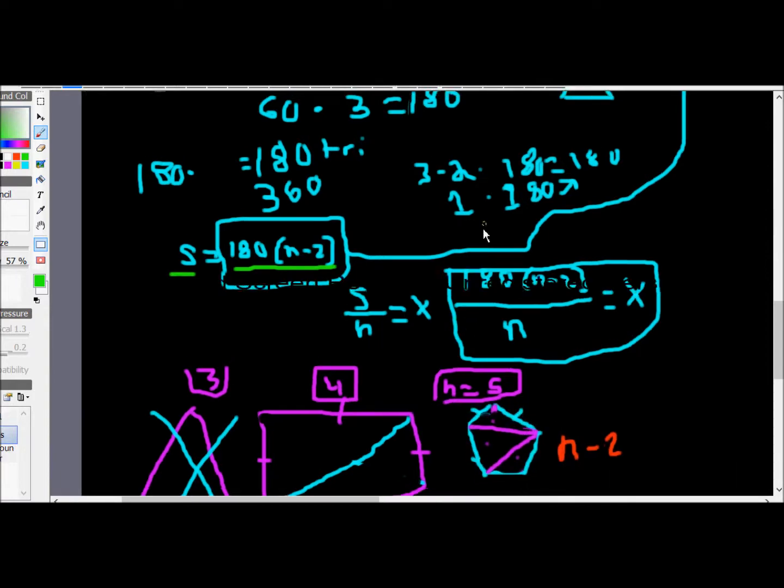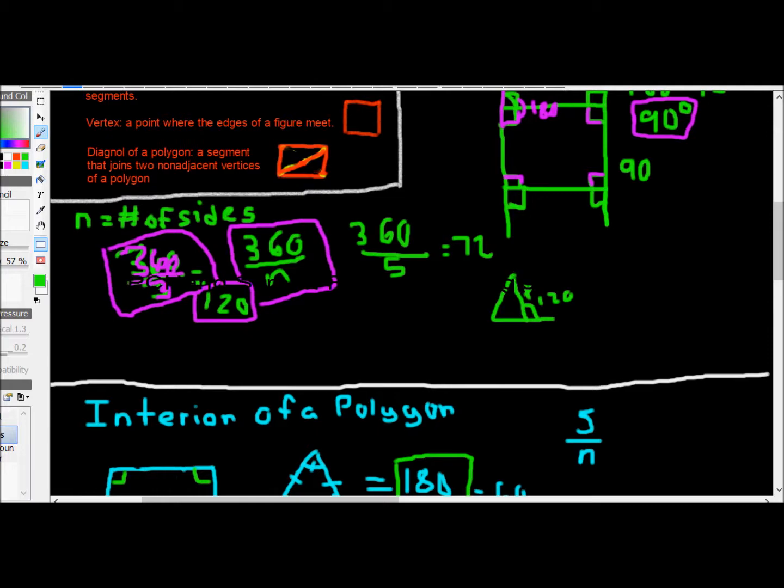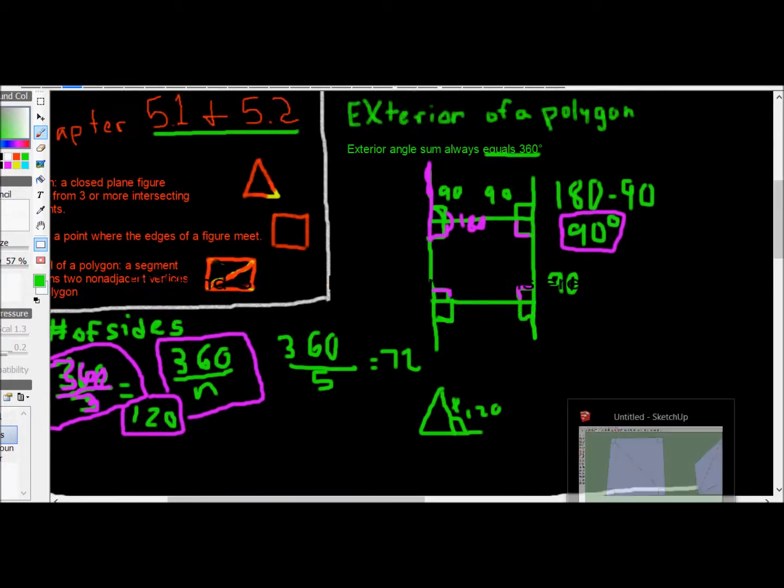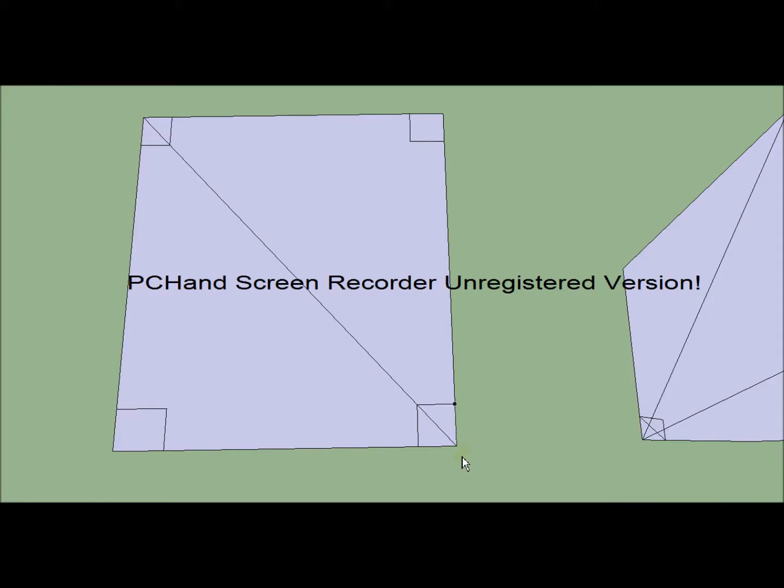So we shall move on to the exterior. I happen to have a protractor on this, so it makes it easier. We will use this and we'll find a degree.